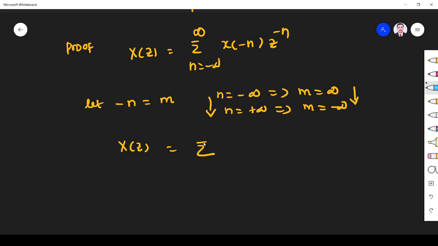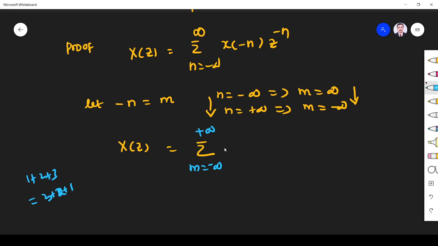The sum of 1 plus 2 plus 3 is equal to 3 plus 2 plus 1. Both are the same. So when n varies from minus infinity to plus infinity, m varies from plus infinity to minus infinity, which is the same as minus infinity to plus infinity. Yes or no? So instead of writing it that way, I write it like this because it will match the general format.